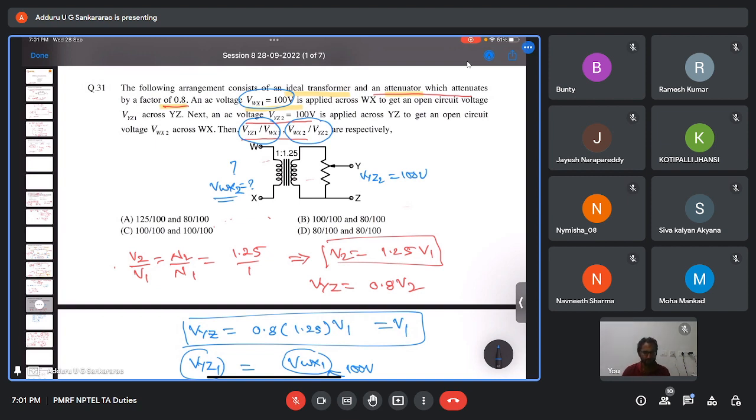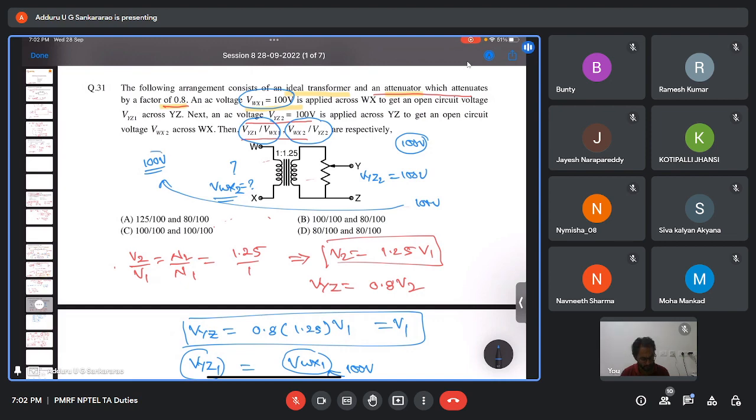Since the transformer is a bilateral network, when you apply 100 volts at the input, you get 100 volts at the output, as in the previous case. Similarly, if you apply 100 volts at the secondary, we will get the same 100 volts at the primary also. So primary and secondary we can interchange in a transformer.